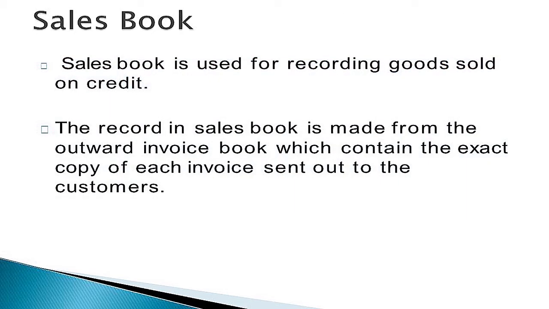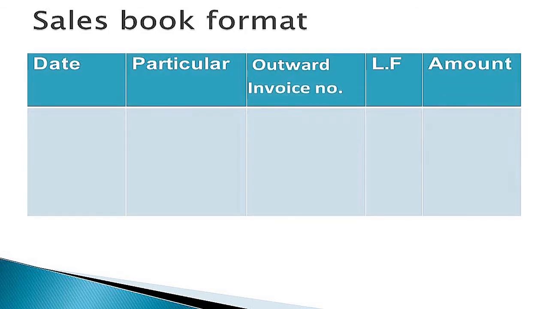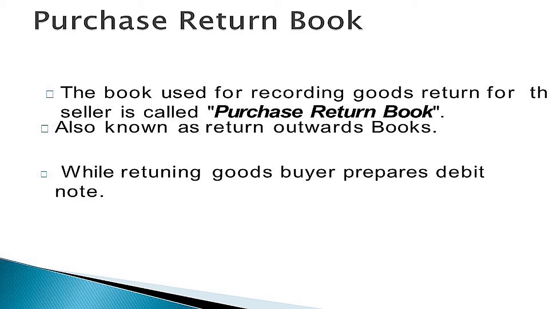The sales book is also the same. It records only goods sold on credit. Now the sales book format. The purchase return book is used to record goods returned to our suppliers. While returning goods, the buyer prepares a debit note.